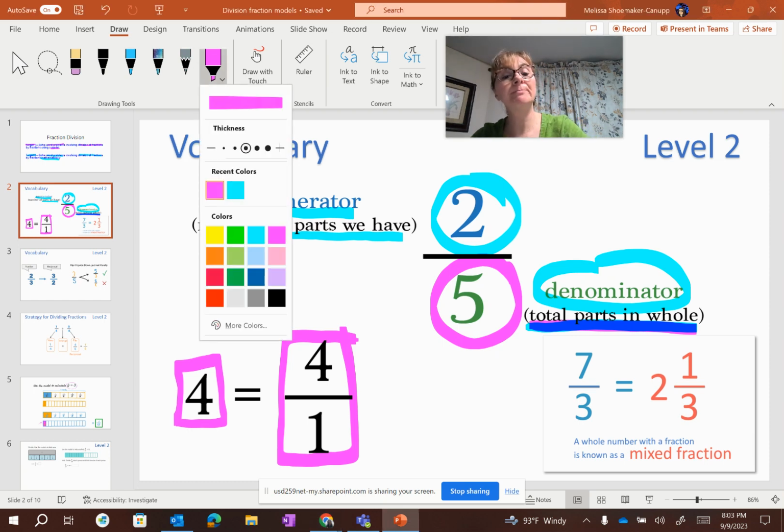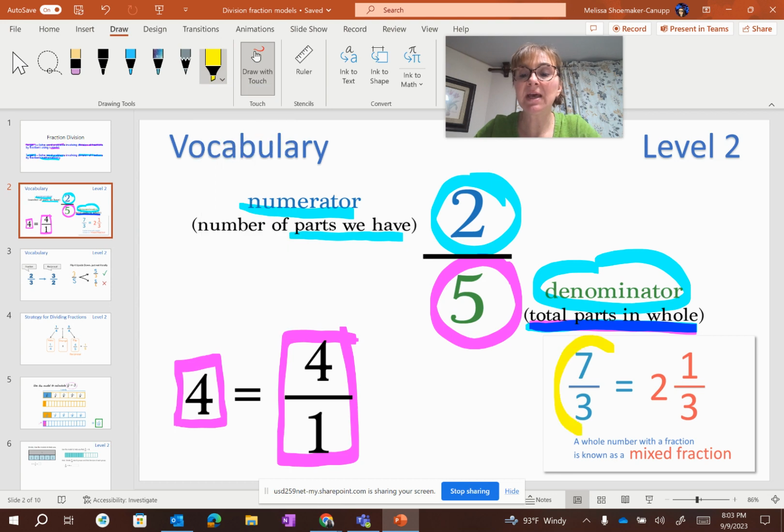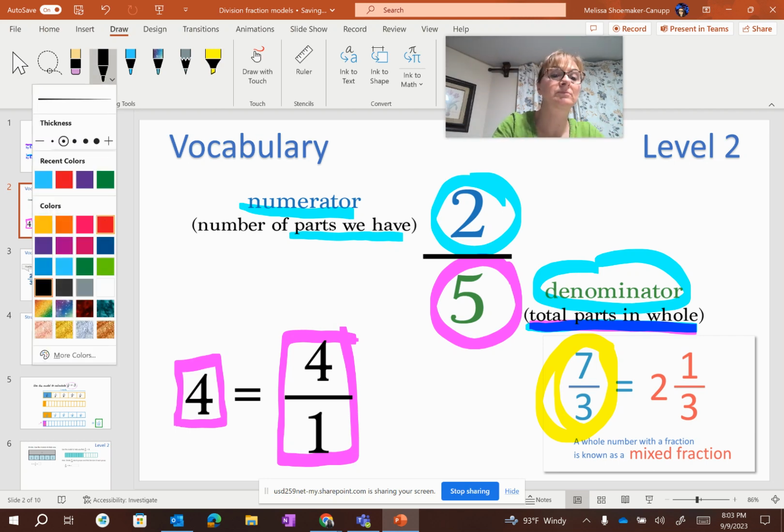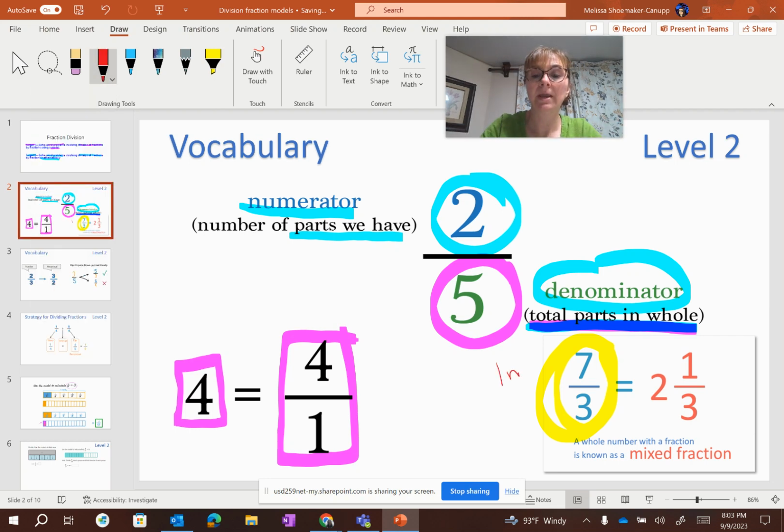Also, we need to remember, we did this in intervention, that we can take a number like this, which is called an improper fraction. I know it's an improper fraction because the top number is larger than the bottom number. I can divide and turn that into a mixed number, which has a whole number and a fraction.